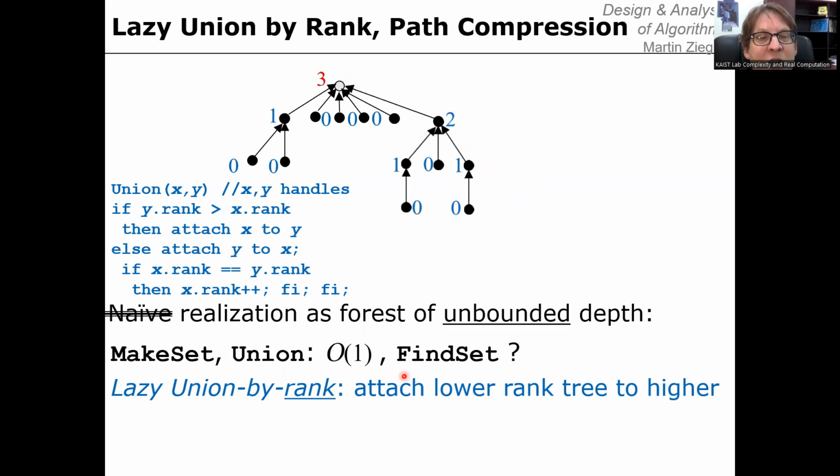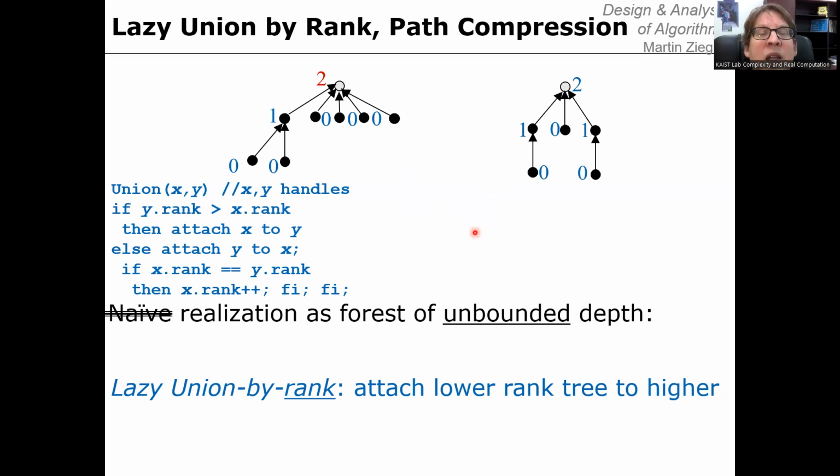So union has constant cost, but now the find set operation is getting more costly because as the rank increases, that means also the running time for walking all the way up to find the handle, to find the root. Let's say the user wants us to find the unique handle to this set, to this point.